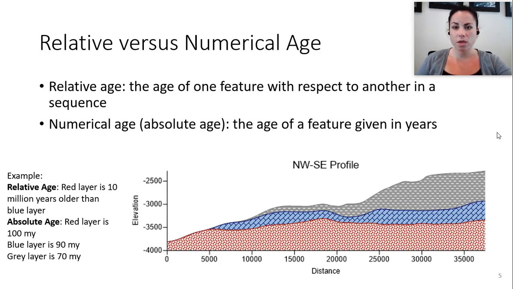Okay, so let's talk about the relative versus numerical age. Relative age is the age of one feature with respect to another in that sequence, as opposed to numerical age, which is the absolute age of a given feature.